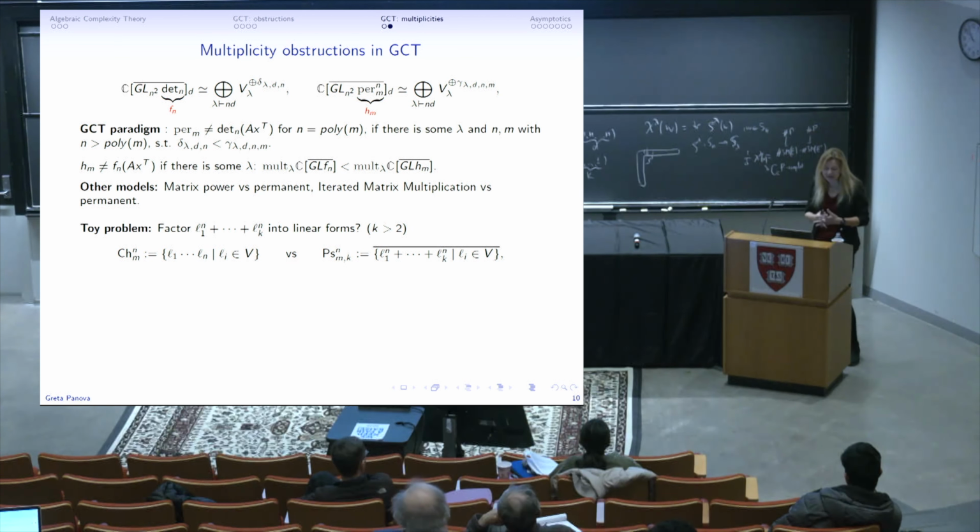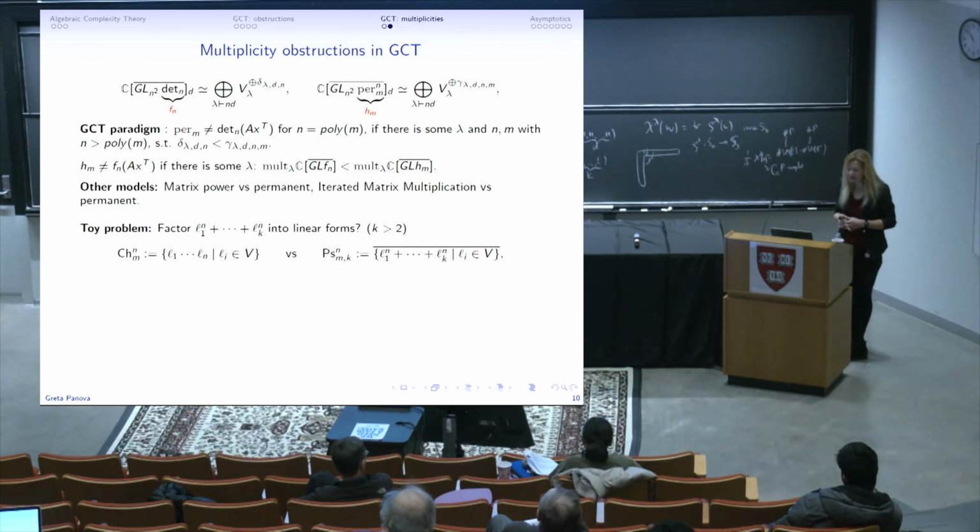This is easy using any other methods you want, but we can demonstrate how it works from the GCT perspective. So, what is the product of linear forms? This is the space of all products of linear forms.